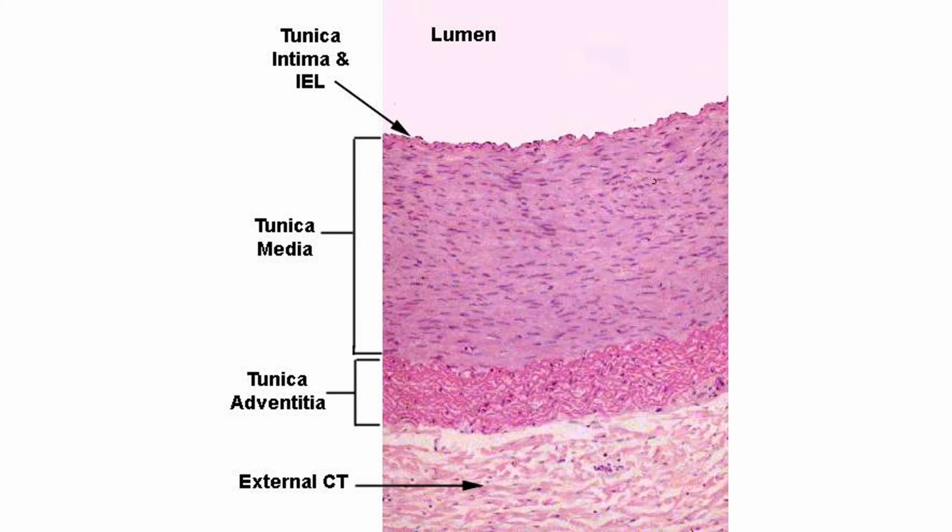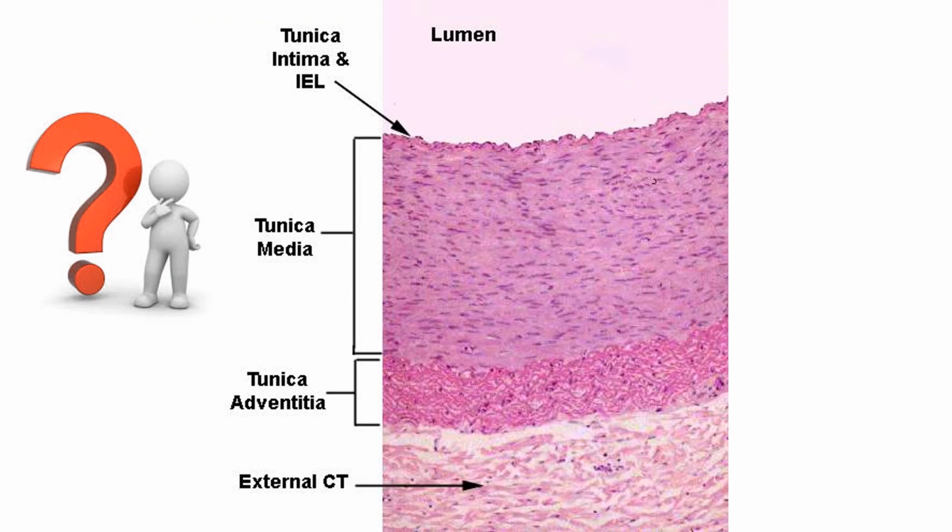Here is a wall of an artery, and you can see they are marked, the lumen, the different layers, and this is an exercise for you to decide what is the type of this artery and what is its size.